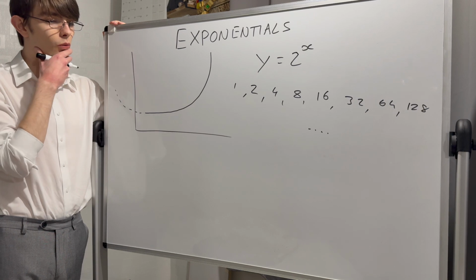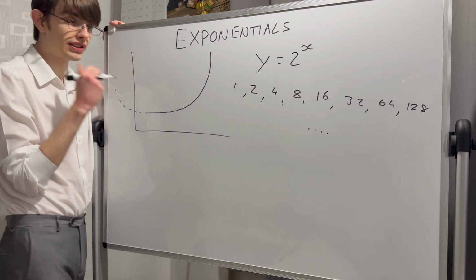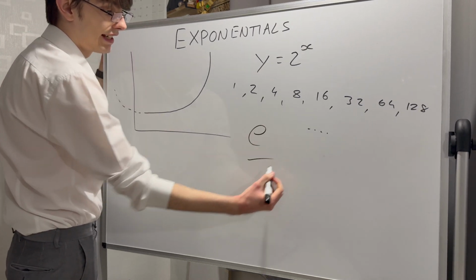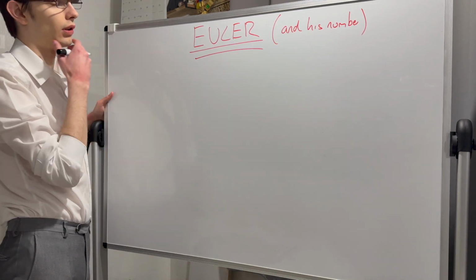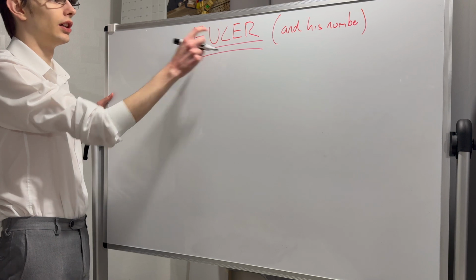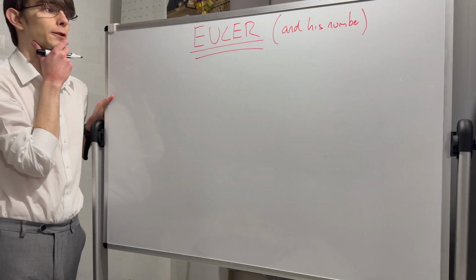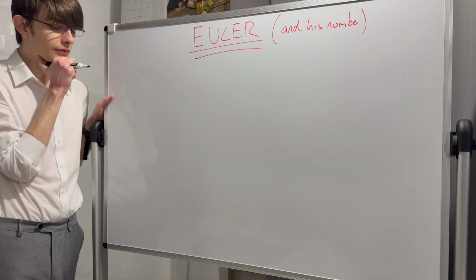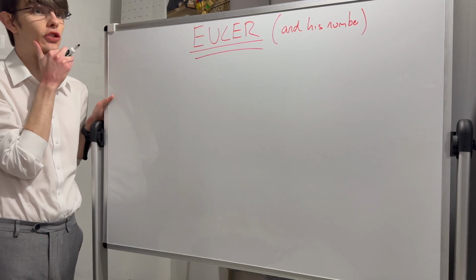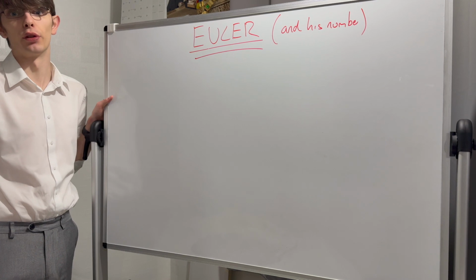So now what I want to talk about is this concept of this letter e. So for the first time on this channel, but I'm sure it won't be the last, we're going to encounter this guy here called Leonhard Euler. Not "Yuler", it is pronounced "Oiler". And he was a mathematician, and he basically did everything.